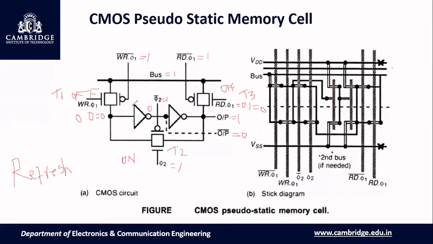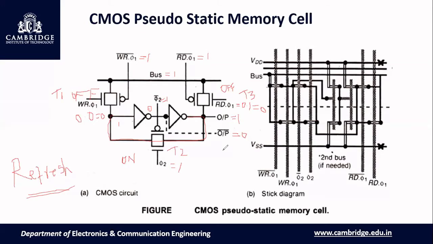Understood? Here we are performing the refresh operation. For refreshing, phi2 should be 1, so that whatever data you had at the output of the second inverter will be passed here. You'll get 1 here, that is inverted, you'll get 0. Again it is inverted, you'll get 1. Your data will be refreshed.